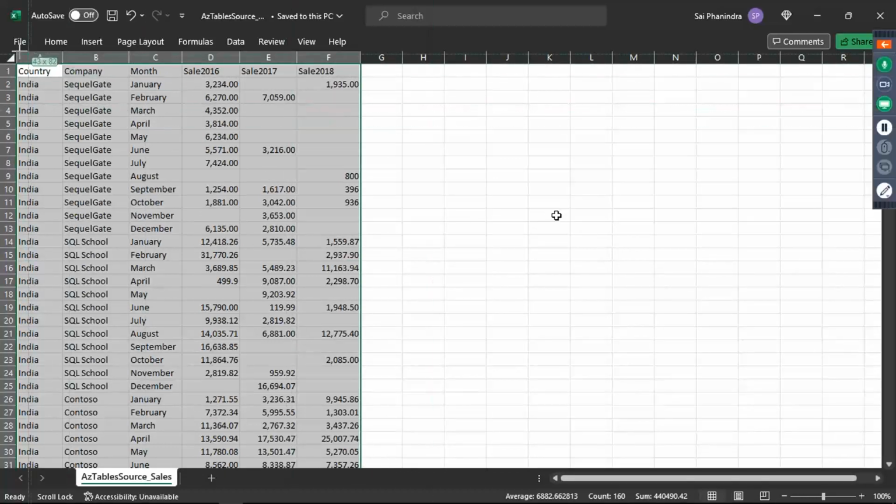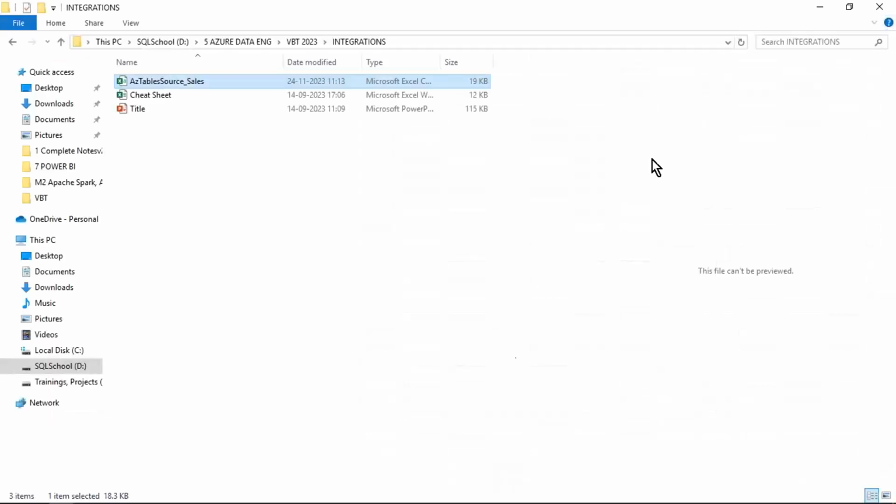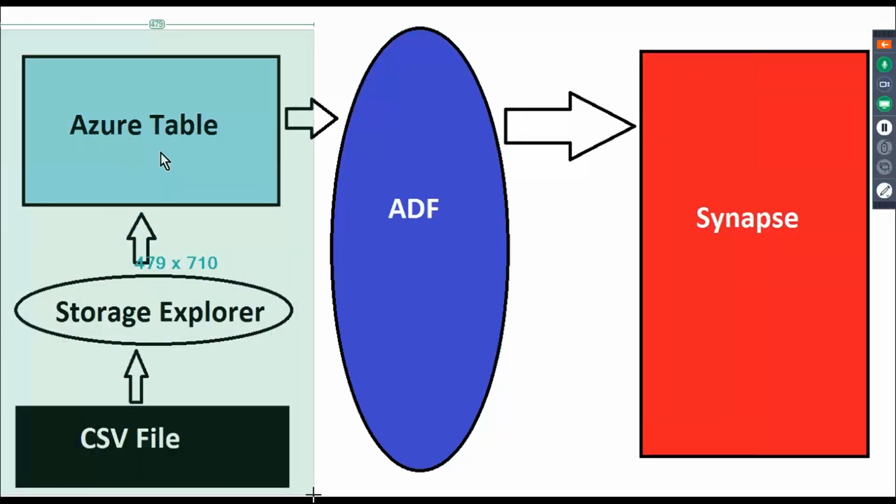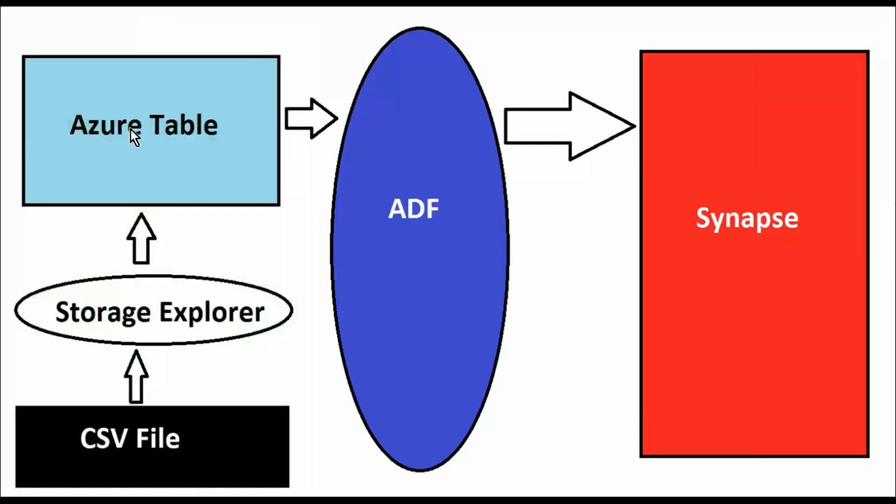Our requirement: this CSV file, you would like to use it as input to Storage Explorer tool and create an Azure table. This is the first thing, CSV to Azure table.